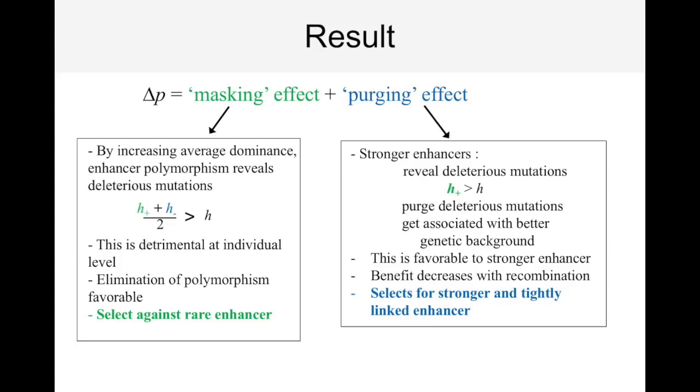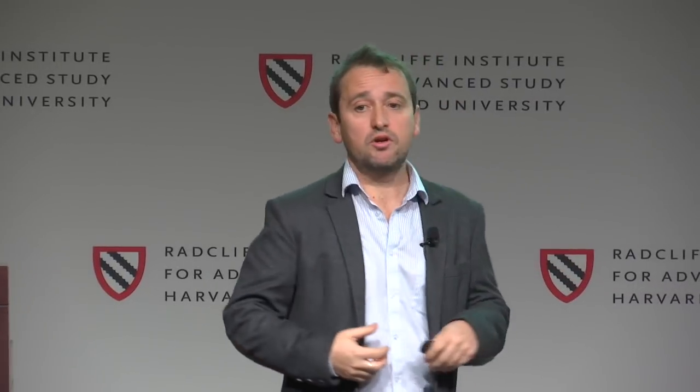But for stronger enhancers, stronger cis-regulators, the gene that sits next to them will be more visible to selection, more exposed to selection, and therefore better purged from deleterious mutations. And so on average, those stronger regulators will find themselves always on a good genetic background, if you like. And that's the reason they spread.